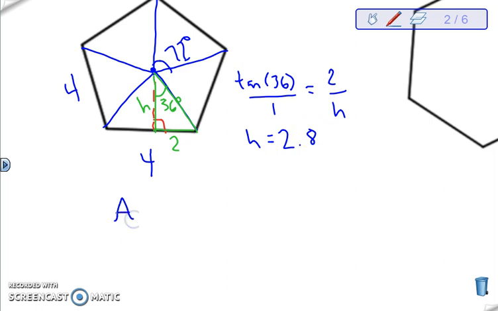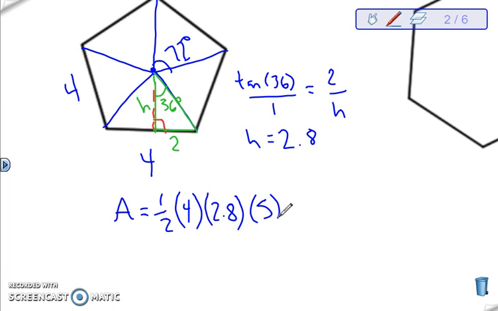So the area of one triangle will be 1/2 of the base times the height. But if I want the whole figure, I've got to count all the triangles, right? So there are 5 triangles. So I multiply all that together, and I get that the total area is 27.5 units squared.